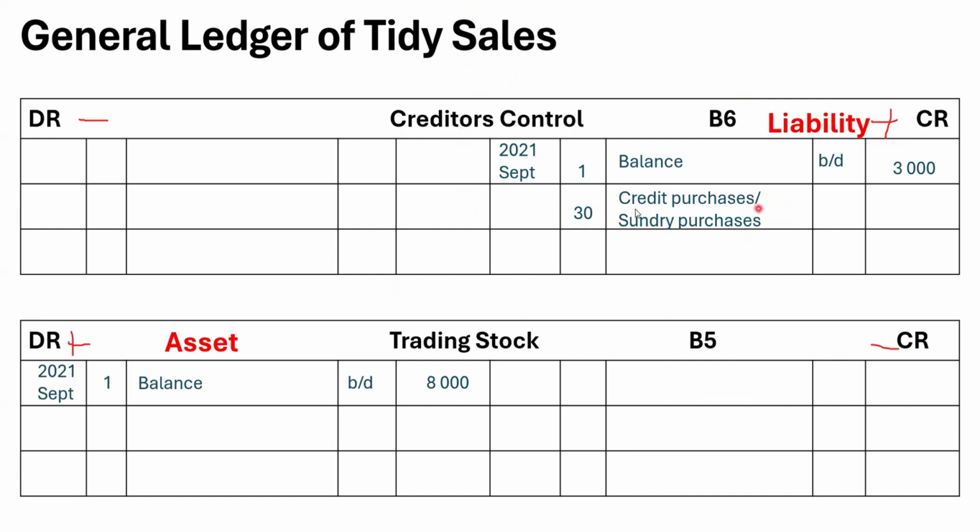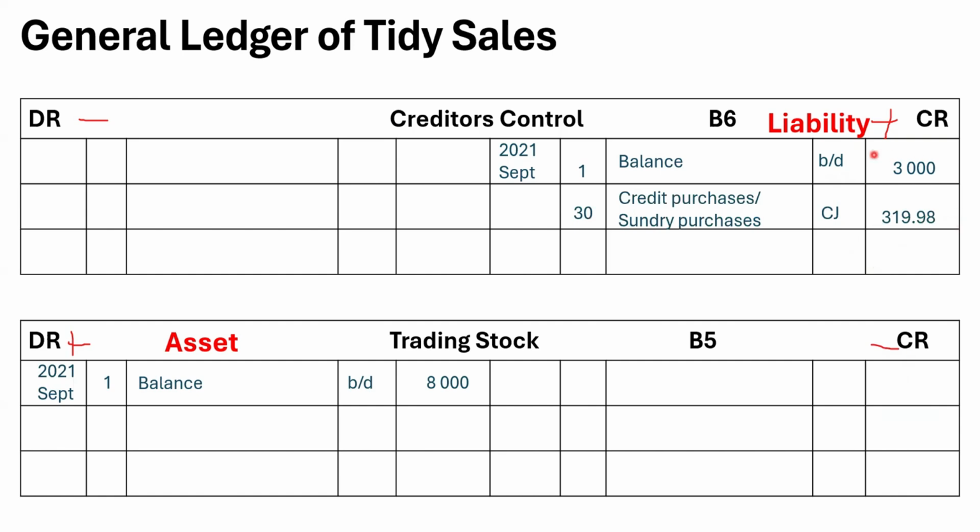Some schools commonly use credit purchases. That's the one I like most as well. But others do use sundry purchases, but both are correct. Then in your folio is your journal. This happened in the CJ, and our amount 319.98, and it's the total amount of the creditors control.